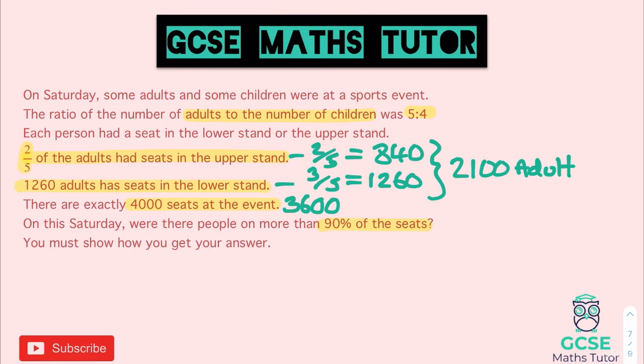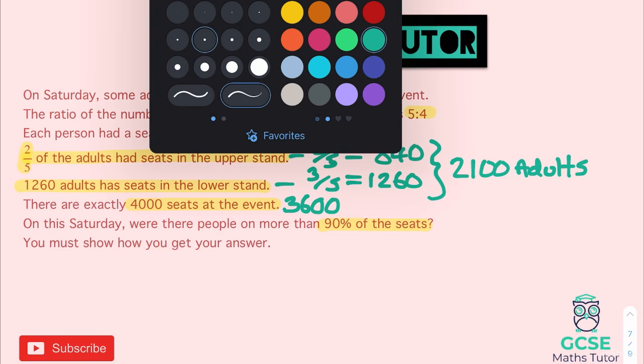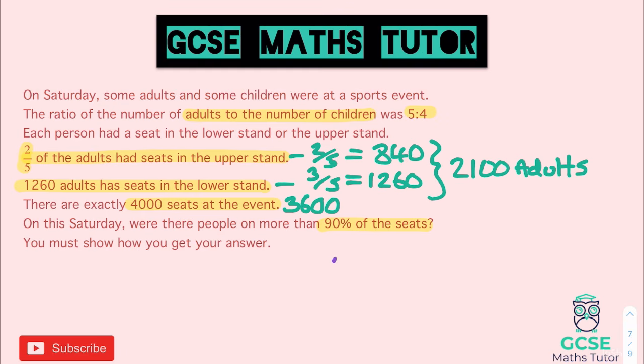Now we can apply that to the ratio. In the question, we're told that the ratio of adults to children is 5:4. We now know that there are 2,100 adults in respect to that number 5, and we just have to figure out what you multiply by in order to get to 2,100. It's the same for the children.